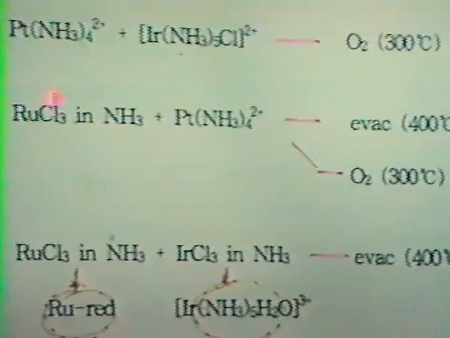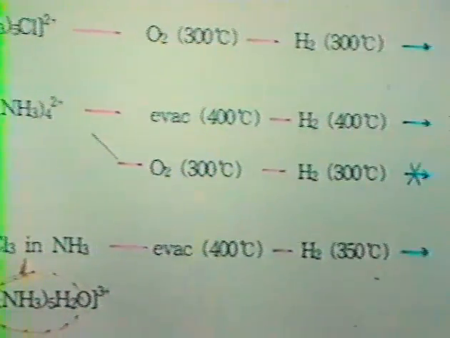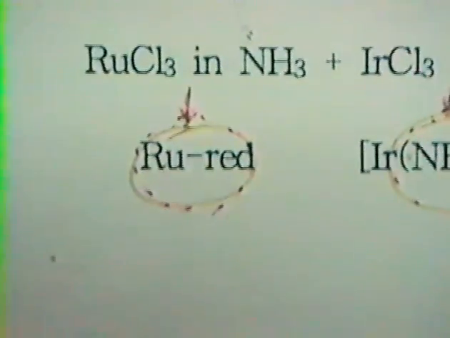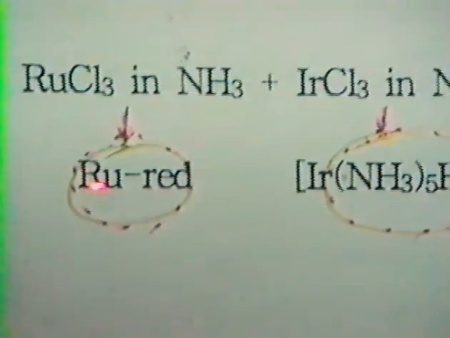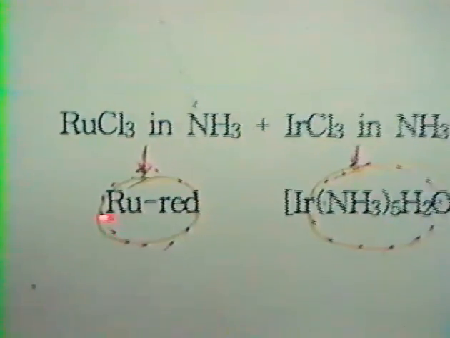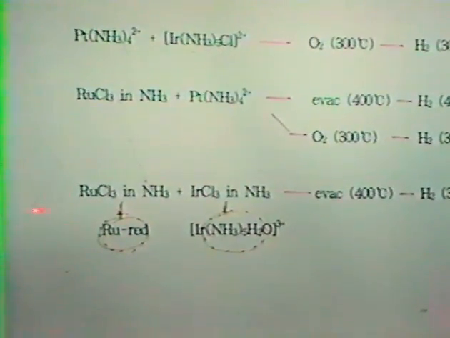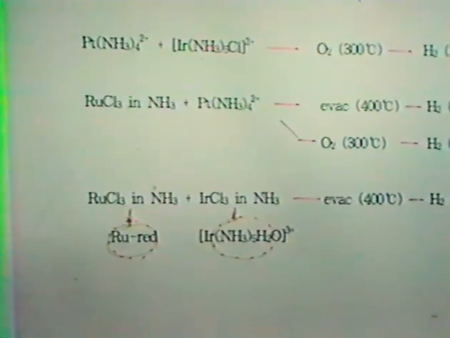It is interesting that this ruthenium precursor is a new precursor, which we reported as a ruthenium red complex, but recent XAFS results from our laboratory indicated that this is a new precursor with 4 ammonia ligands. So this is not a conventional ruthenium red complex.